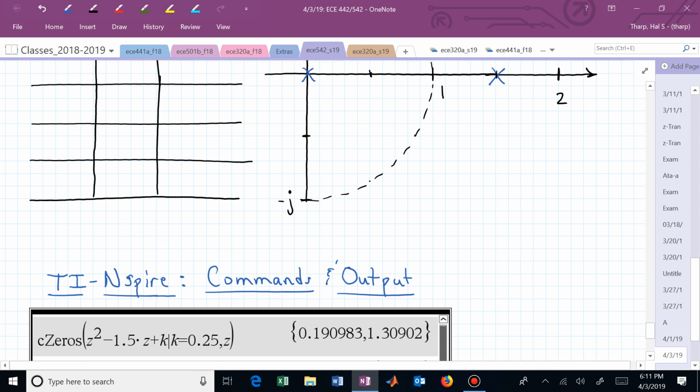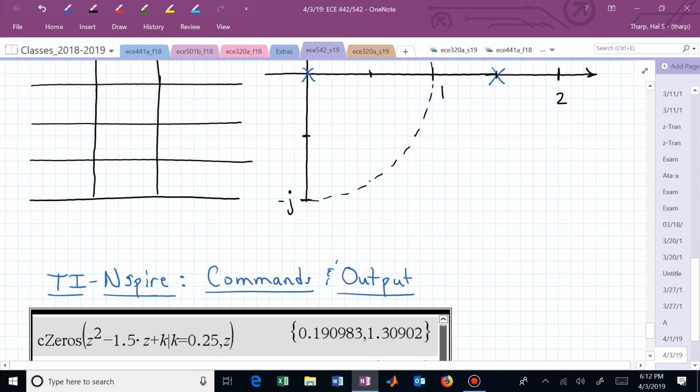I can do complex zeros to find the roots of this quadratic, and that vertical bar says with k equal to 1/4. And I'm trying to solve for z. And now it tells me where they're at. I have two real poles. One is about, well, it's at 0.19. I'm not going to be able to draw that very accurately. And the other one's at 1.3.